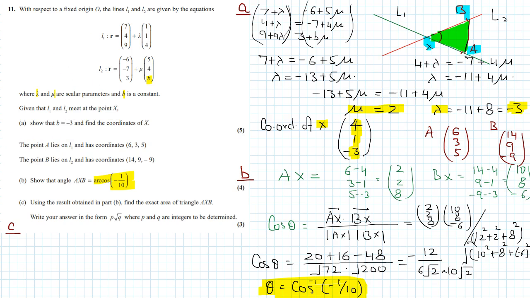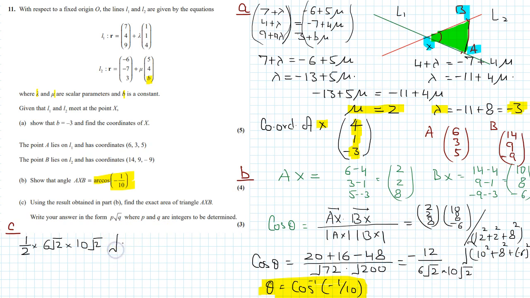So area of a triangle is half AX, that is 6 root 2, BX, that is 10 root 2, sine theta, and we know cos theta.